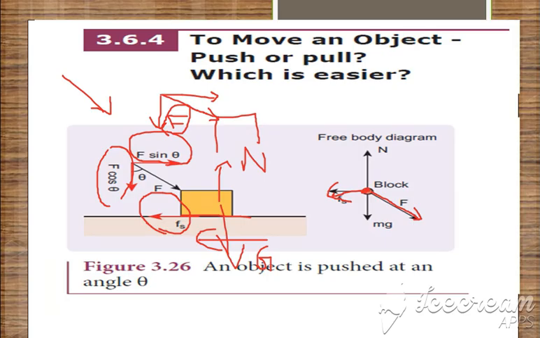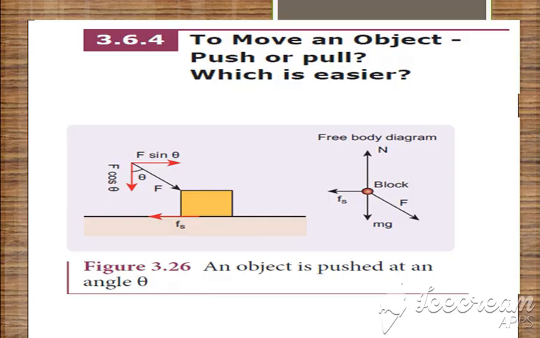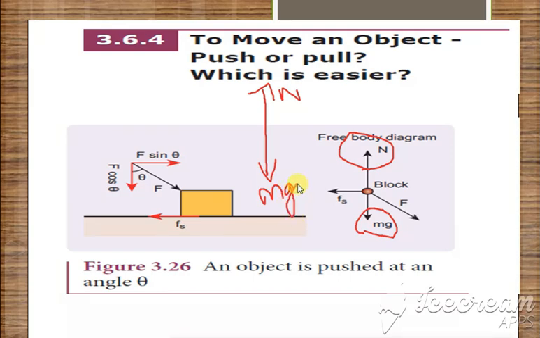Okay, then the equation based on this diagram. When you see here, this n is pointing along the upward direction, and when you consider this y-axis alone, what are the components acting: upward it has normal force and downward it has the gravitational force, which is mg.